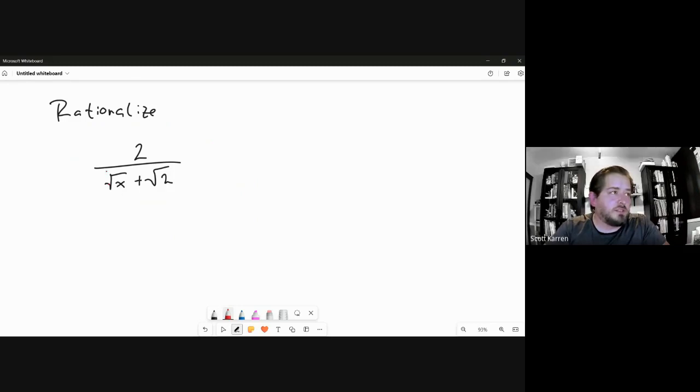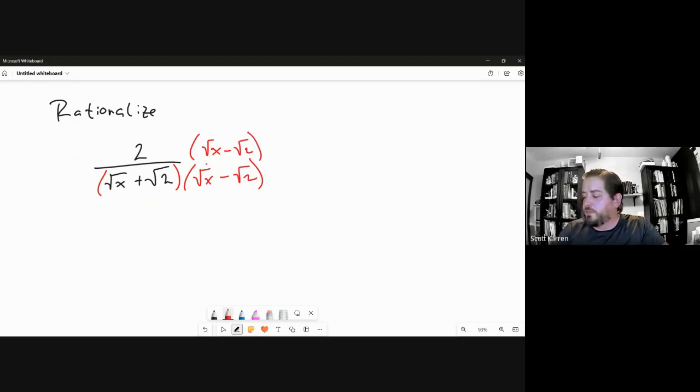So that's what I'll do. If I want to rationalize this, I multiply the bottom by the square root of x minus the square root of 2, and the top by the square root of x minus the square root of 2. So let's FOIL those together. Well, in the top, it's just a distribution, so that becomes 2 times the square root of x minus 2 times the square root of 2.